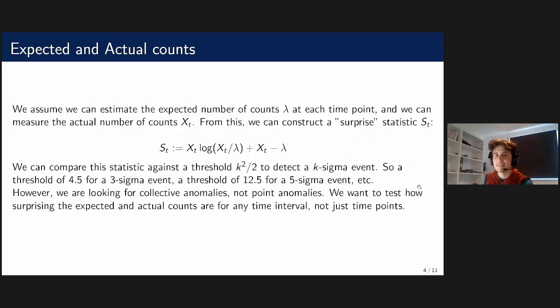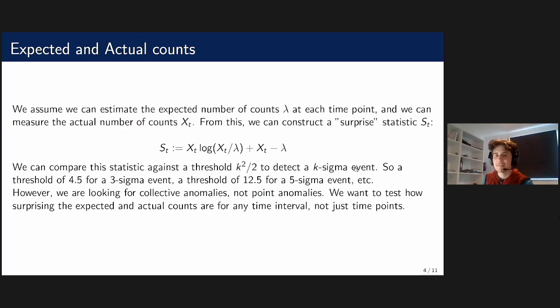This is a problem. So first of all, how do you check a signal? I'm going to keep the maths in this talk very, very light, so I apologize. This is the only thing of maths here. If we know the expected number of photons at a given time bin, and we know the actual number of photons, we can plug this into a calculator and we can construct a surprise statistic, which is like, how surprised are we that this is the case?